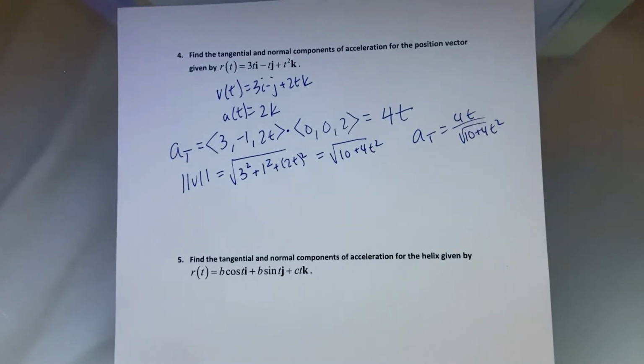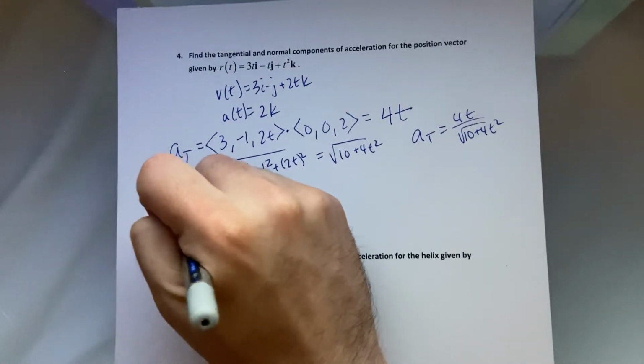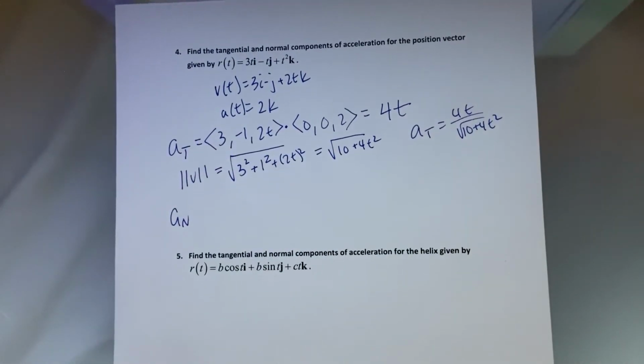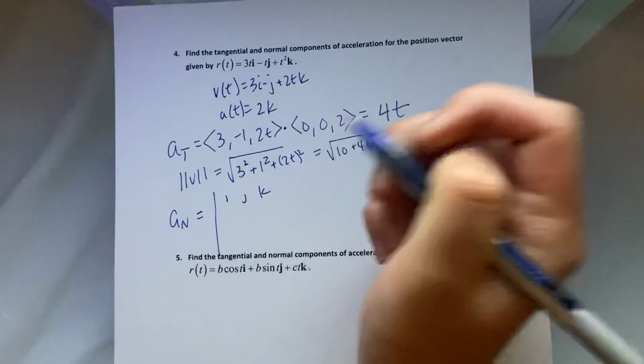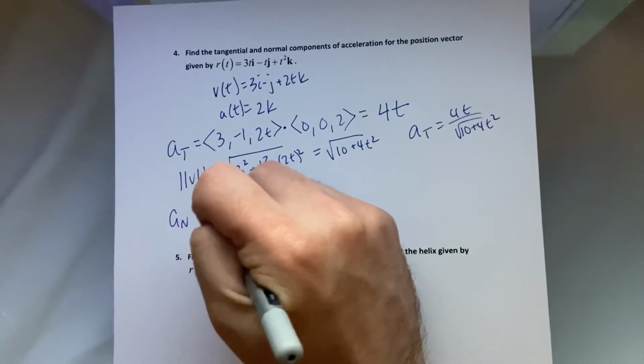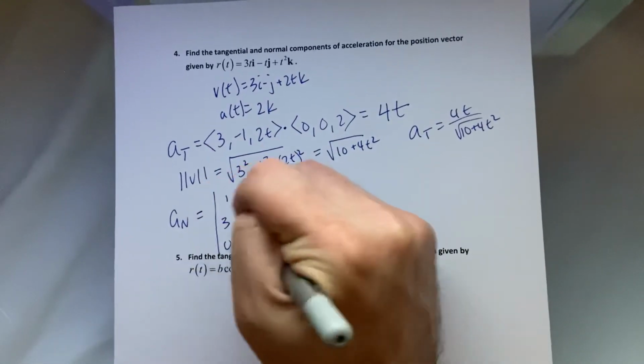Now, a sub N can be calculated in a few different ways. We can either take the magnitude of a squared minus a sub T squared, or we can do it with a cross product divided by that same magnitude of v. We're going to go ahead and do the cross product just to see what it looks like in this case. So we have (3, -1, 2t) and (0, 0, 2).